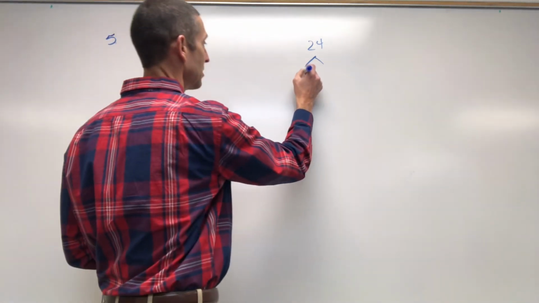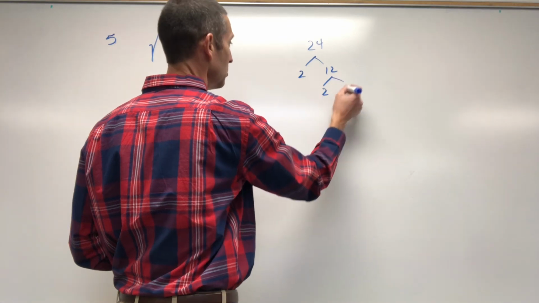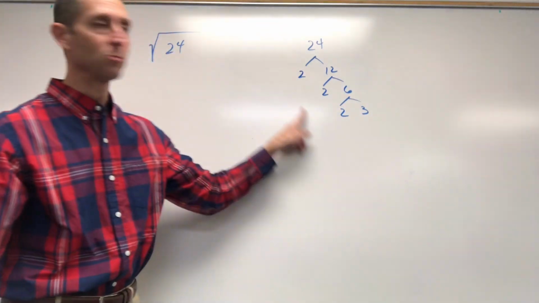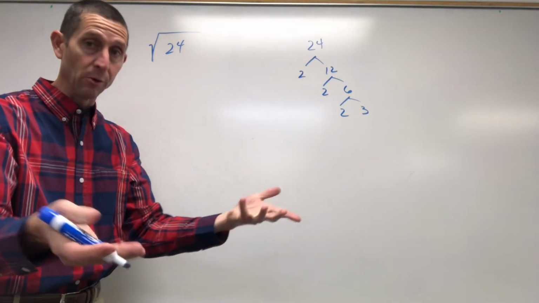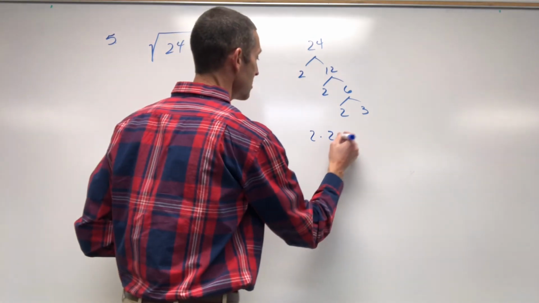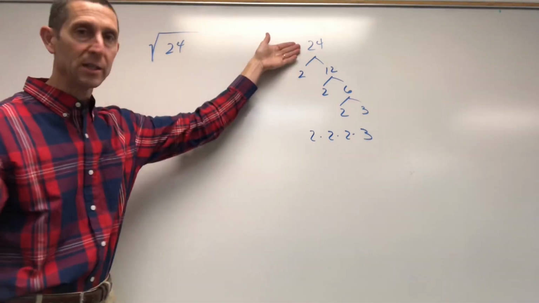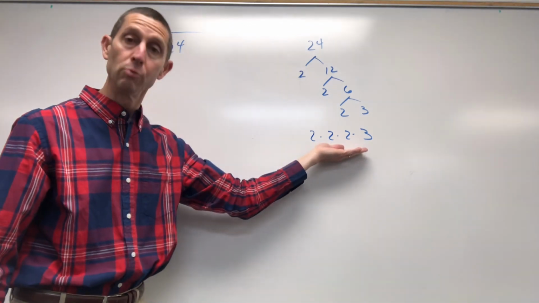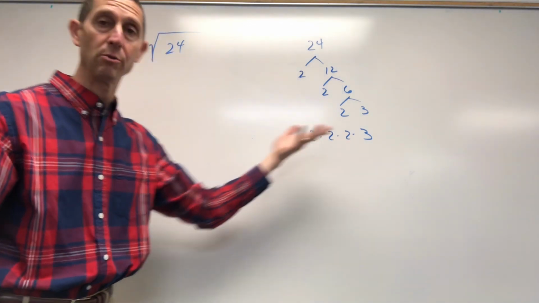So if we went something like 2, 12, 2, 6, 2, 3. So you grab all those roots, put them in order, all the smallest to greatest, 2, 2, 2, 3. So you had 24, you factor tree it down, and you've got your roots that are left, your 2, 2, 2, 3.